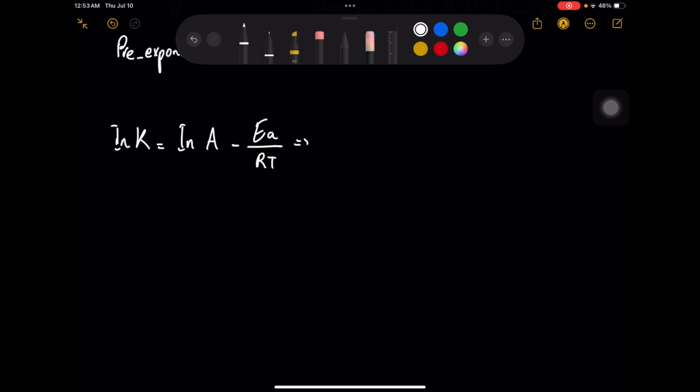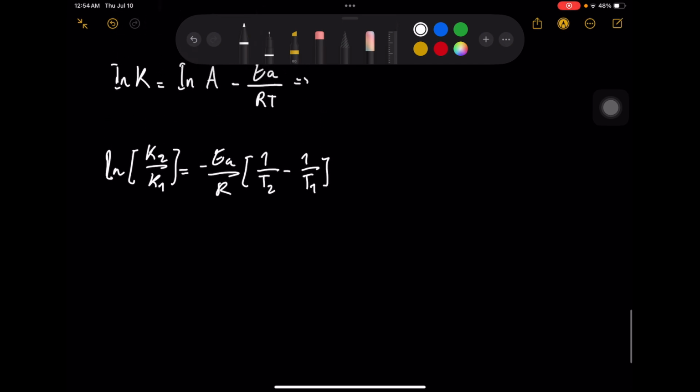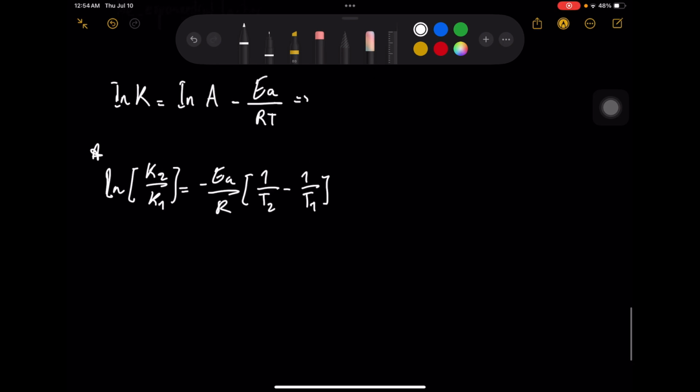So this one is for a single point and this one is for 2 points. That would be ln of k2 over k1 equals negative Ea over R times 1 over T2 minus 1 over T1. Again, they will give you this, but if you want to do it mathematically, I can show it.